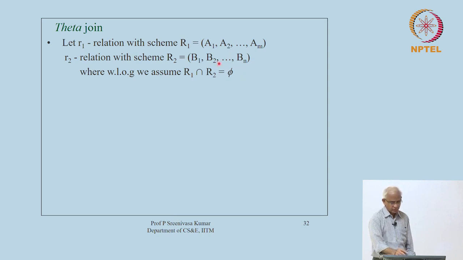Okay. So, now we make this assumption that the schemas are disjoint for these two relations, and we express this join with this symbol, the join. The subscript is the join condition. So, R1 join R2 with the join condition.